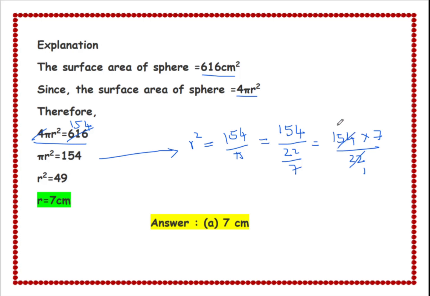Therefore, r square equals 7 into 7, we get 49. Therefore, r equals square root of 49. The square root of 49 is 7. Therefore, the radius of sphere is 7 centimeter. Therefore, the correct answer is option A, 7 centimeter.